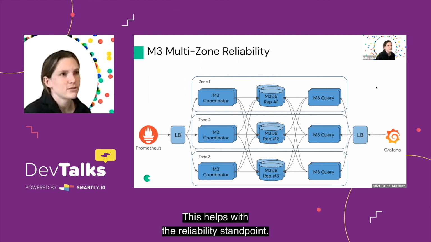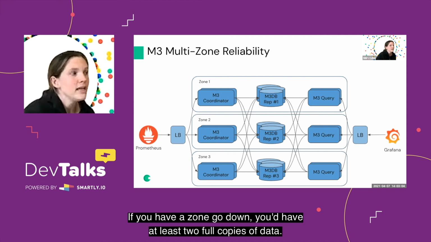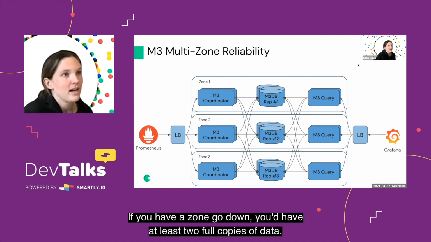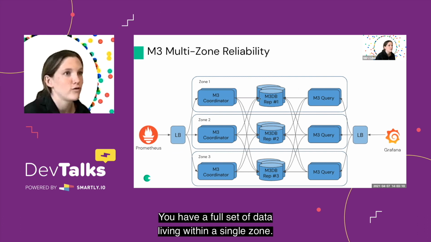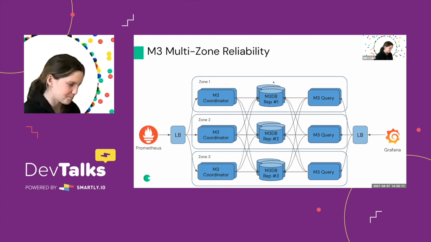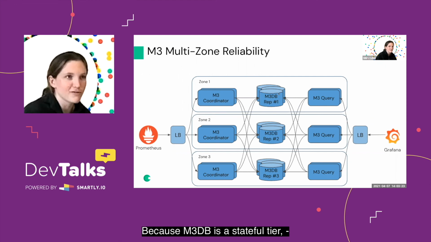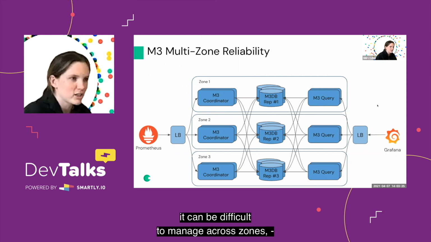This is to help with reliability. So if you did have a zone go down, you'd still have at least 2 full copies of your data, because you have a full set of data living within a single zone.